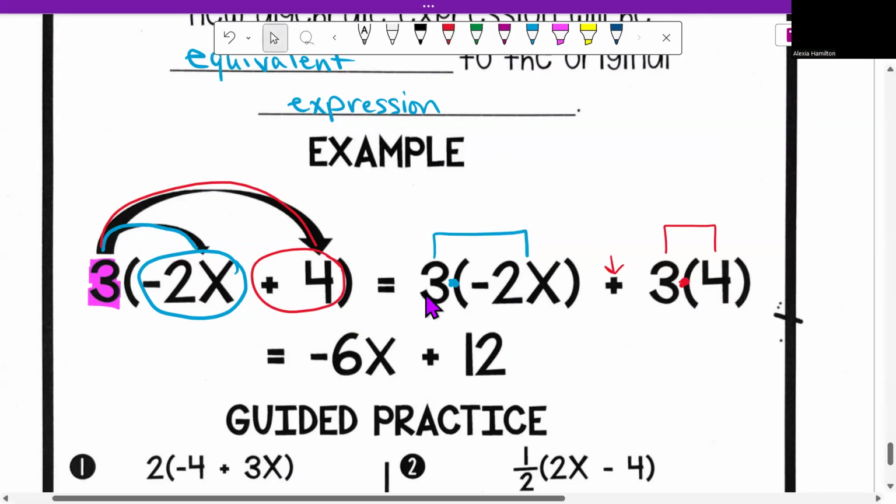So when you're multiplying constants with coefficients, you just multiply the numbers. 3 times negative 2 gave us the negative 6. The x comes along. 3 times 4 is 12. That 12 is positive. That is why there's a plus sign between my negative 6x term and my 12. And again, I can't do anything else because negative 6 has an x, 12 does not. They are not like terms, therefore I cannot combine them.